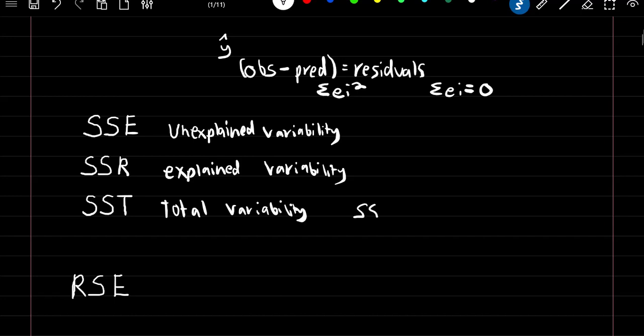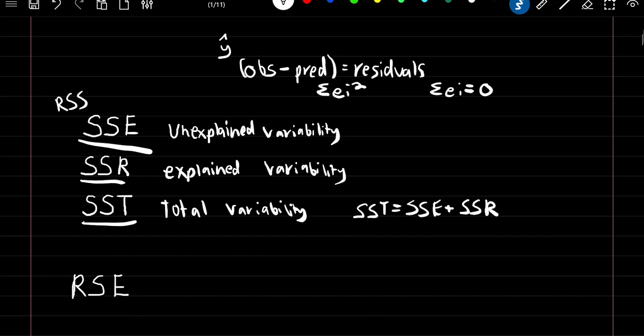So the total variability is going to be equal to the unexplained variability plus the explained variability. SSE is also known as the residual sum of squares, and SSR and SST are the sum of squares regression and sum of squares total.